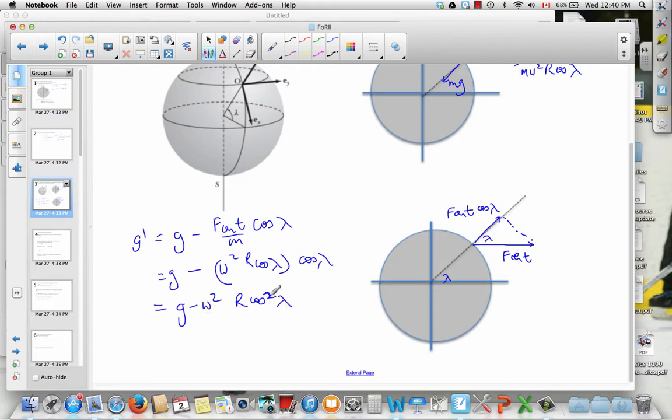And so depending on the latitude, you can have up to a 0.036 effect right here at the equator, but the effect gets smaller with latitude as the angle lambda increases from 0 up to 90 degrees.